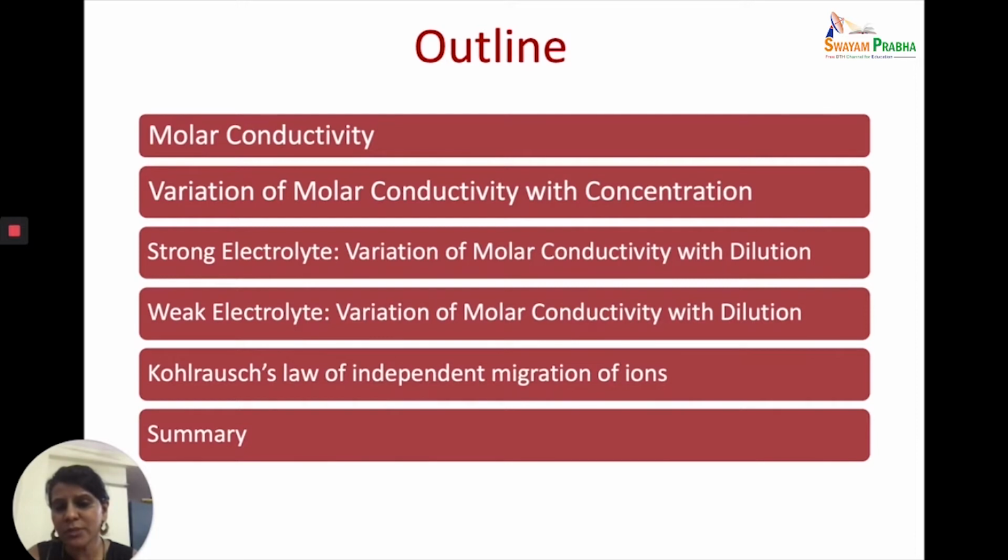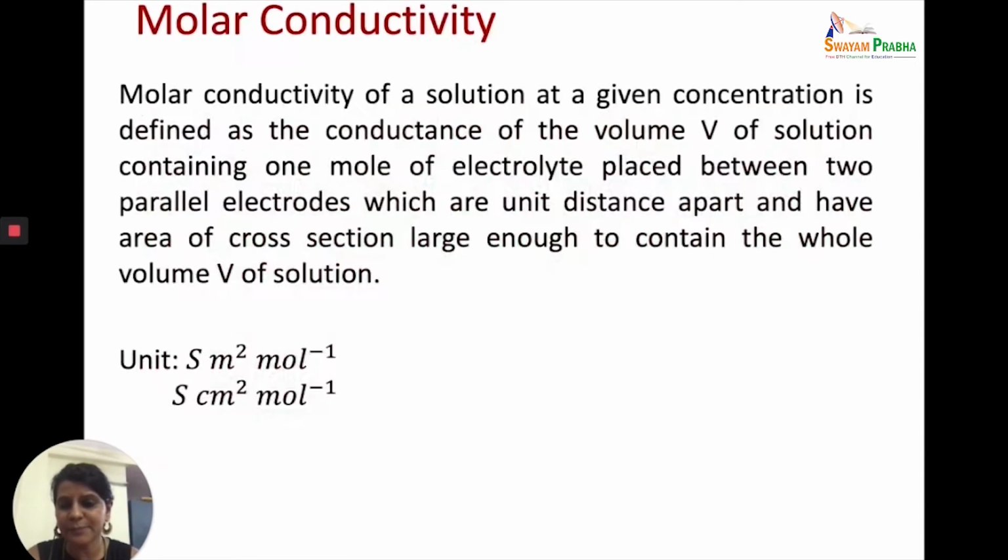Now, continuing with the same topic, we will again recapitulate what is molar conductivity. Then we will look at its variation with concentration, both for strong as well as weak electrolyte, followed by an in-depth understanding of Kohlrausch law of independent migration of ions.